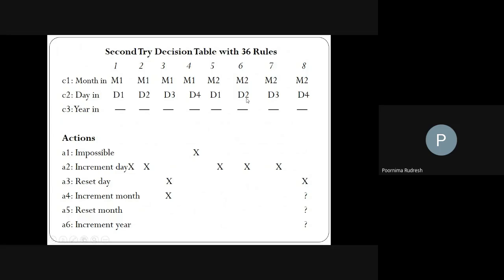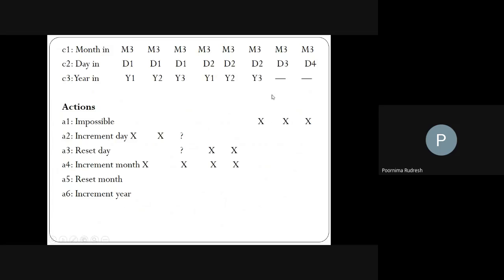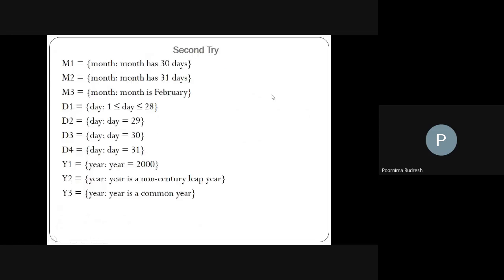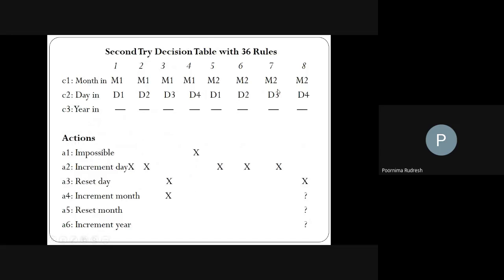Similarly for D2, D2 is equal to 29 and M2 is the month which consists of 31 days, right? Then the day is incremented after 29, and we get 30. And D3, what is the D3 value? D3 we set as 30 days. If both are true, then it is a valid input and the day is incremented, so that becomes 31.